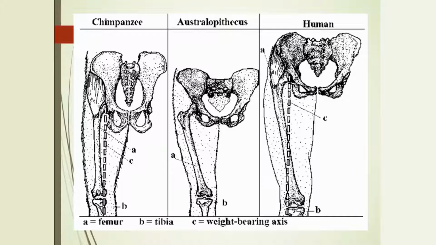So we'll just start with talking about the hip bone, some differences between a quadruped and a biped. Quadrupeds typically portray a really tall and flat iliac crest. If you look at the pictures on your slide, you can see a chimpanzee on the left. If you look at that iliac crest, it's really tall and sort of a flat blade. Compare it to the hip on the right side of the slide, a human.